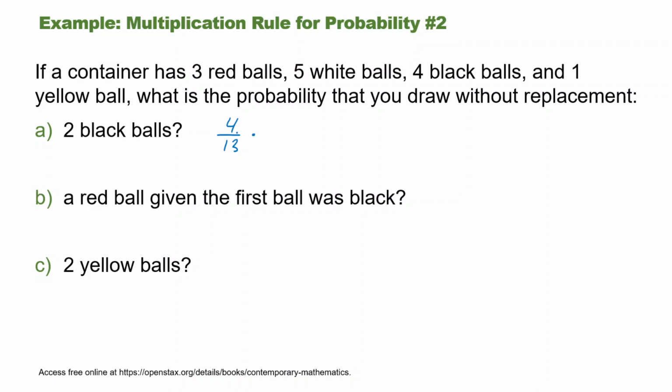And now that we've removed 1 black ball from this, there are only 3 left. So it's 3 out of 12. And that's because it is without replacement. So 4/13 multiplied by 3/12. If we multiply that across, that is 12 out of 156, which reduces to 1 out of 13.